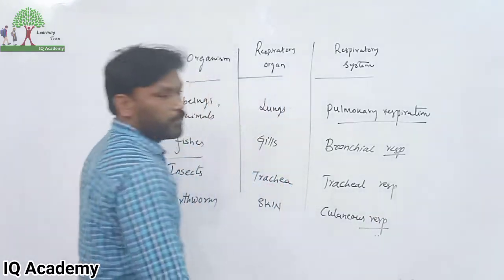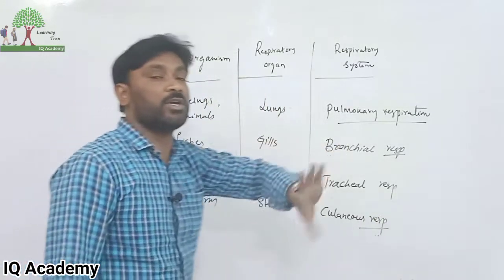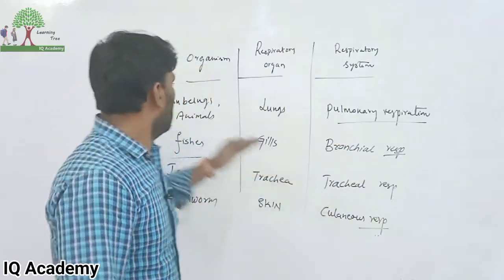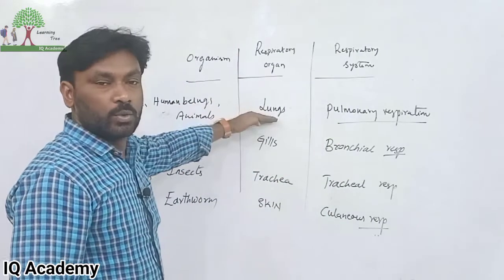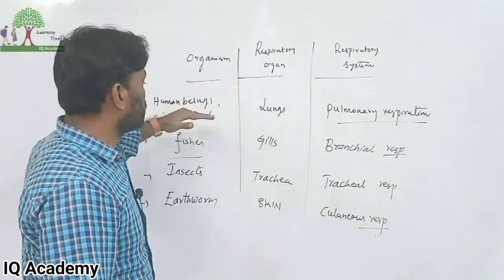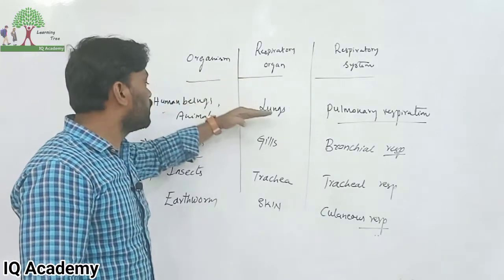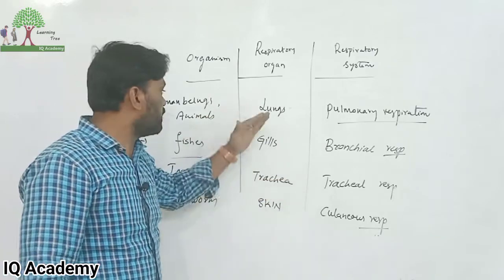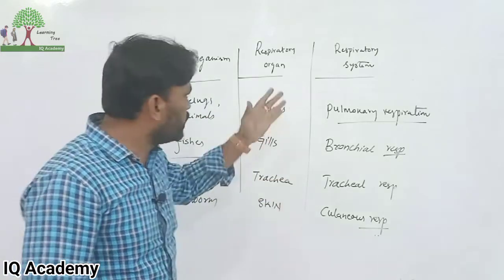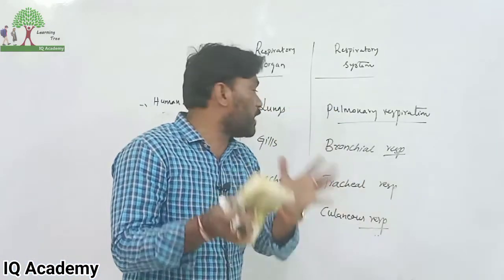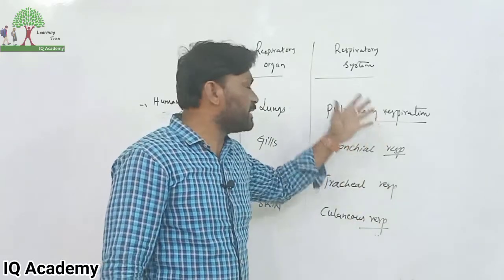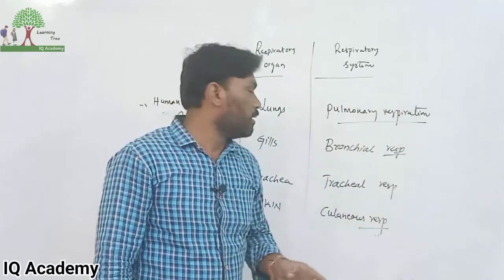So these are the 4 types of respiratory systems we can see around us. Most vertebrates, as well as most animals living on land, respire through lungs, called pulmonary respiration.